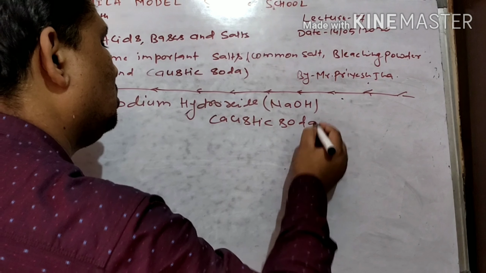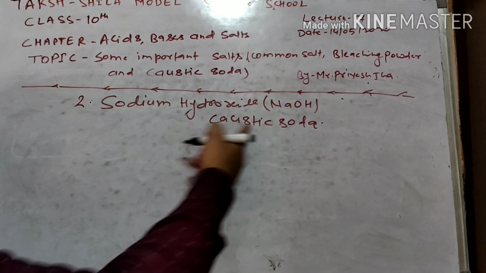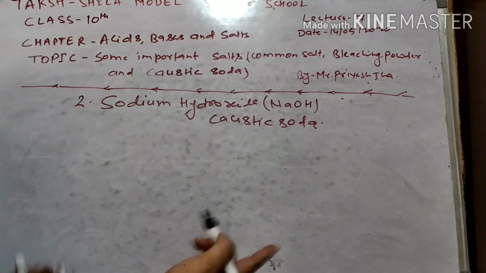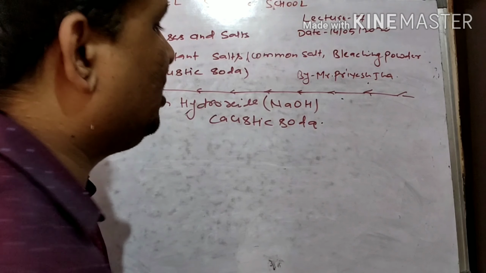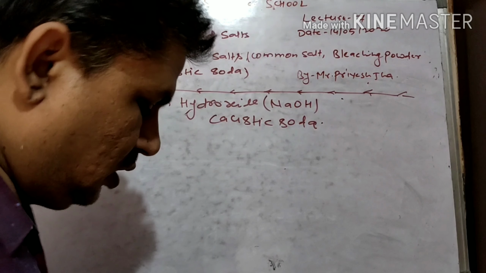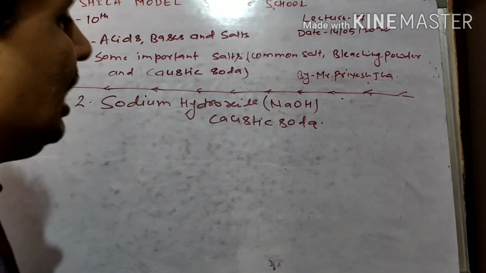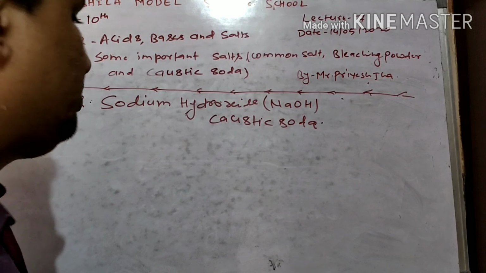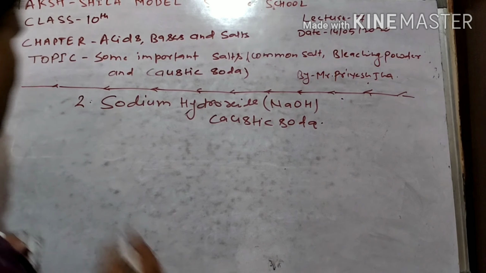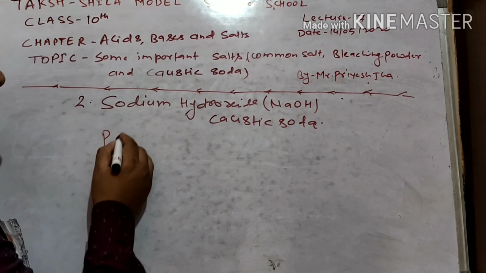Caustic soda or sodium hydroxide is the same thing and has chemical formula NaOH. First of all, we will discuss how sodium hydroxide is obtained or prepared. So the first one is preparation.